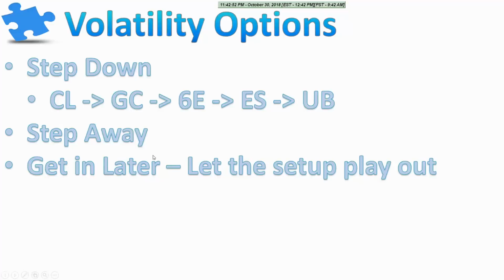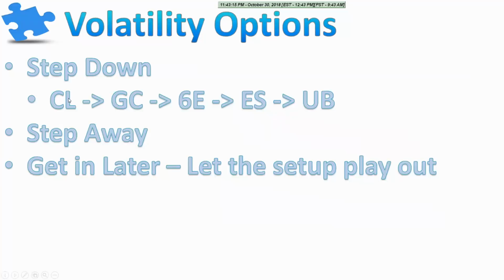So we have very illiquid markets like crude, and we have very liquid markets like the ultra bonds or the 10-year, right? Now, what happens when the markets all rise? So just in case that's not clear, this is in order of volatility, with the most volatile on the left and the least on the right, generally speaking, right?